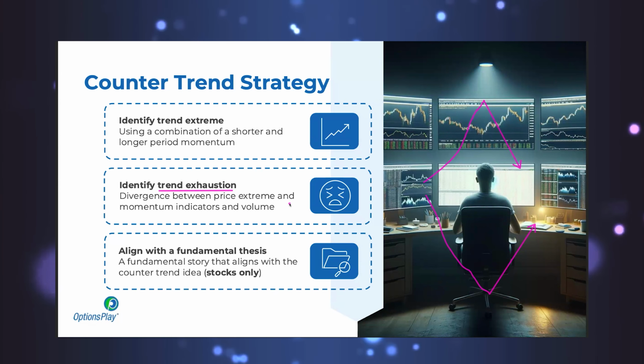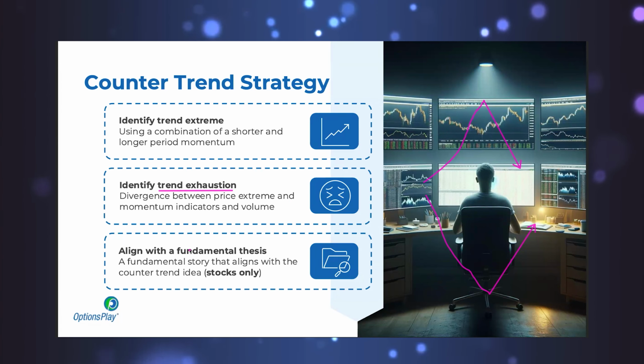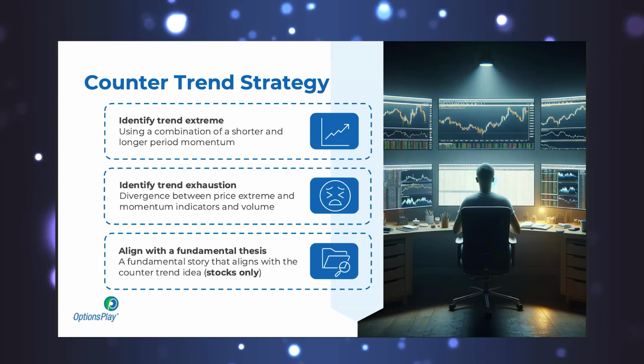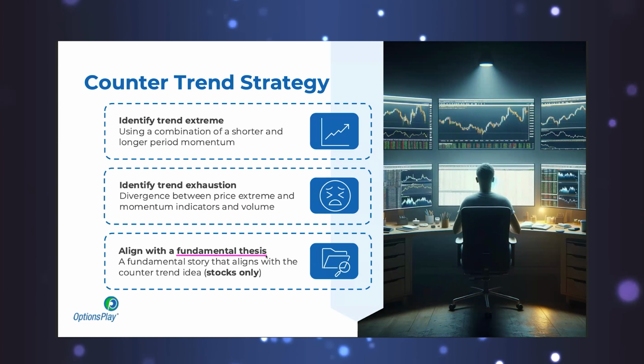Not easy to identify, but we're going to show you the template for how to go about doing that. And then lastly, I do think that for traders who really want to find the best trading setups, you want to also align with some kind of fundamental thesis.